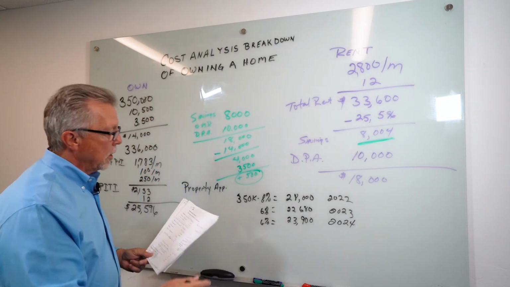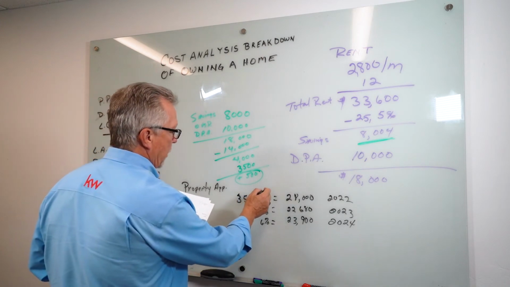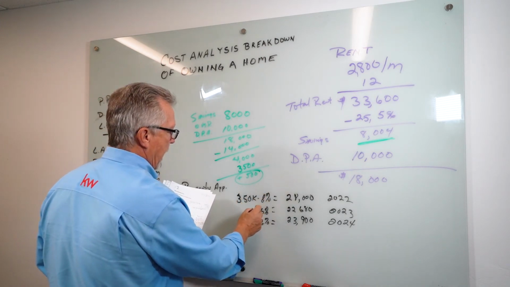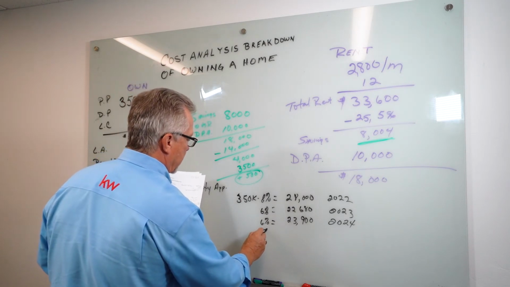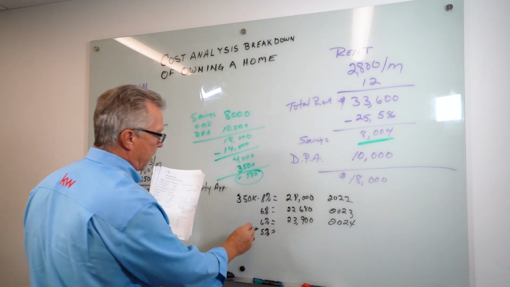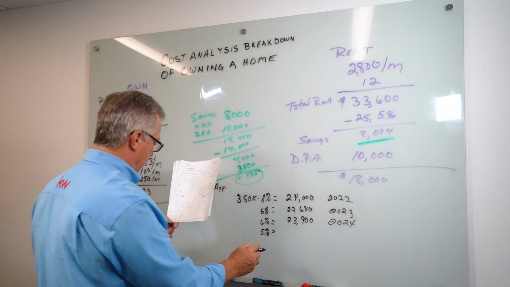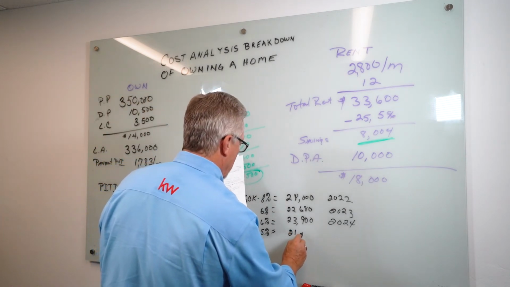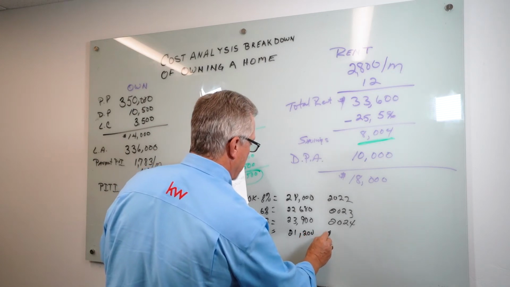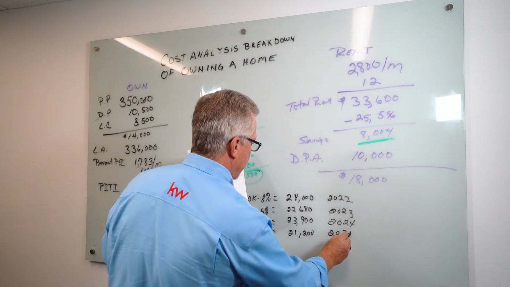Okay? So now we've been aggressive at 8%, and 6% and 6%. So let's come down and let's just say we have a little bit of a downturn in the market. A 5% appreciation rate is going to give us $21,200, and that would be in 2025.